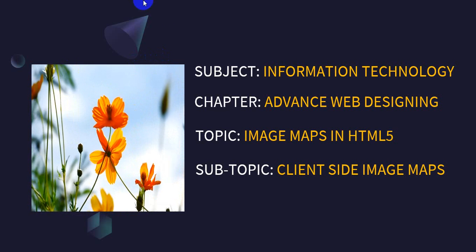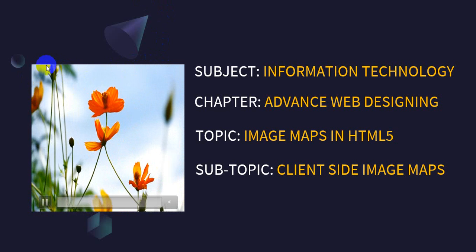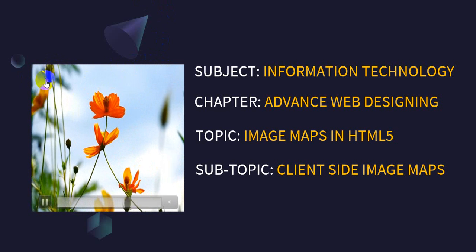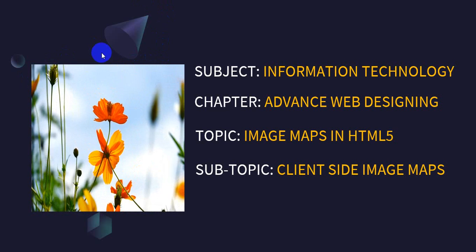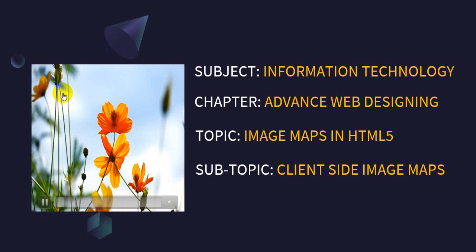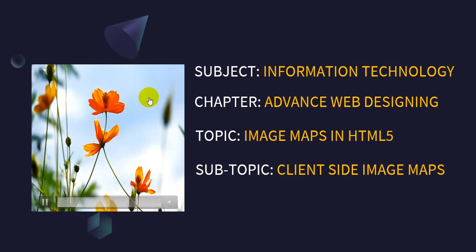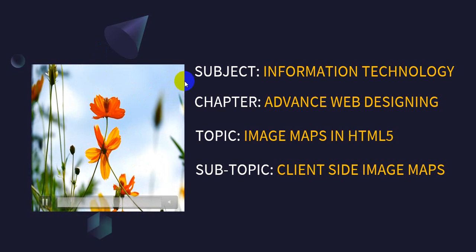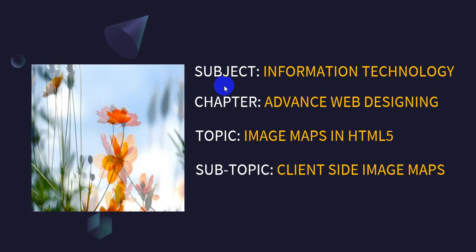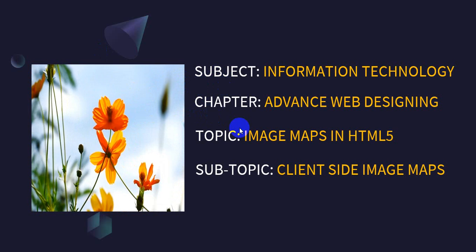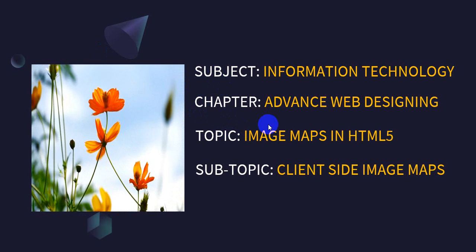In the same way, when I click on the top left corner, some other web page will open. In a single image we create multiple links and every link opens a unique web page. This technology is called image map or image mapping.